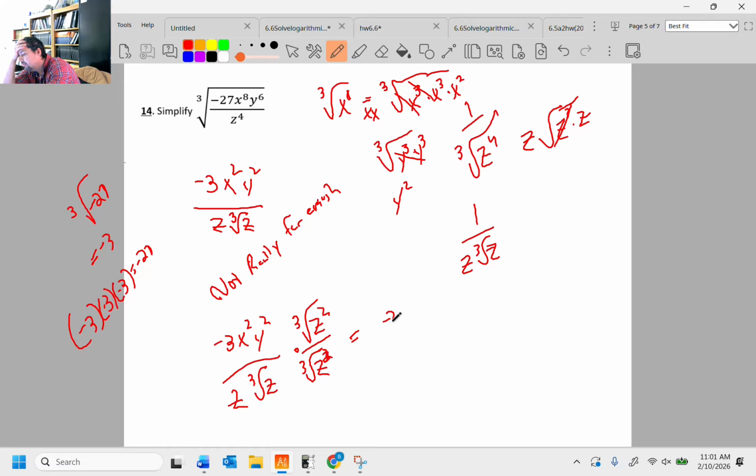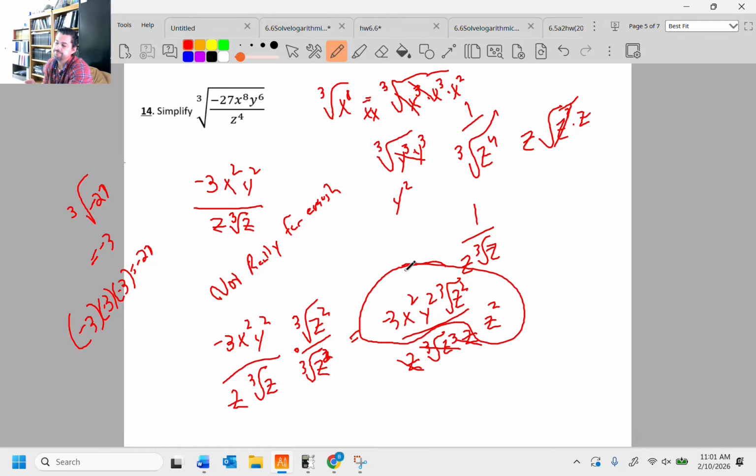So I'd have negative 3x squared y squared, cubic root of z squared up top, and down low I'd have z times the cubic root of z cubed. Now those z's, I can take the cubic root of z cubed and get a z, and then z times z is z squared. So this would be the final answer.